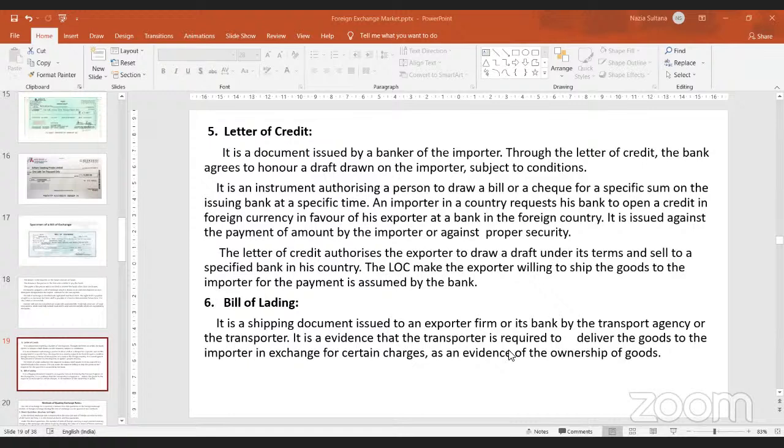But there are chances of a lot of fraud also happening because of letters of credit. There have been instances where bankers were relatives of people, and because they were relatives, they issued letters of credit, and that letter of credit was used where the importer never paid back to the bank. So the bank had to suffer huge amounts of NPAs, non-performing assets.